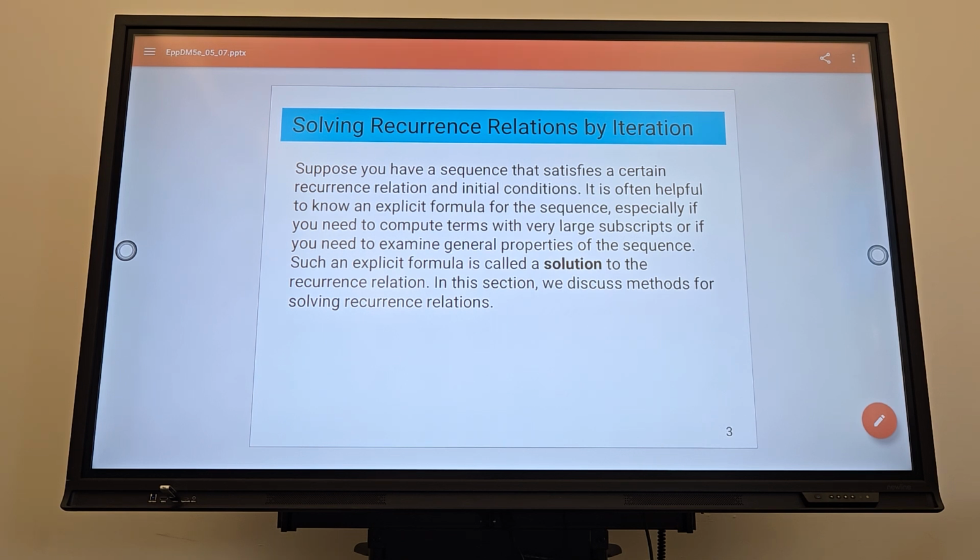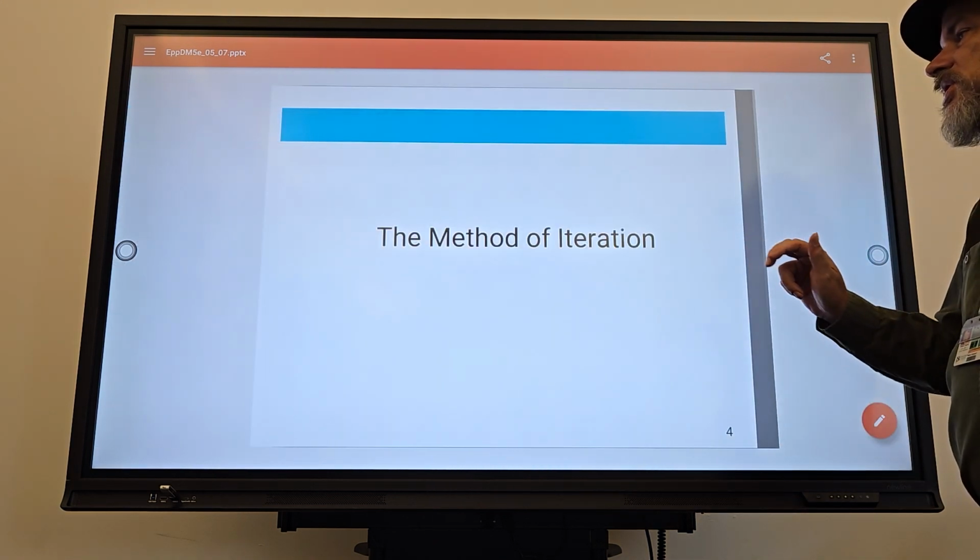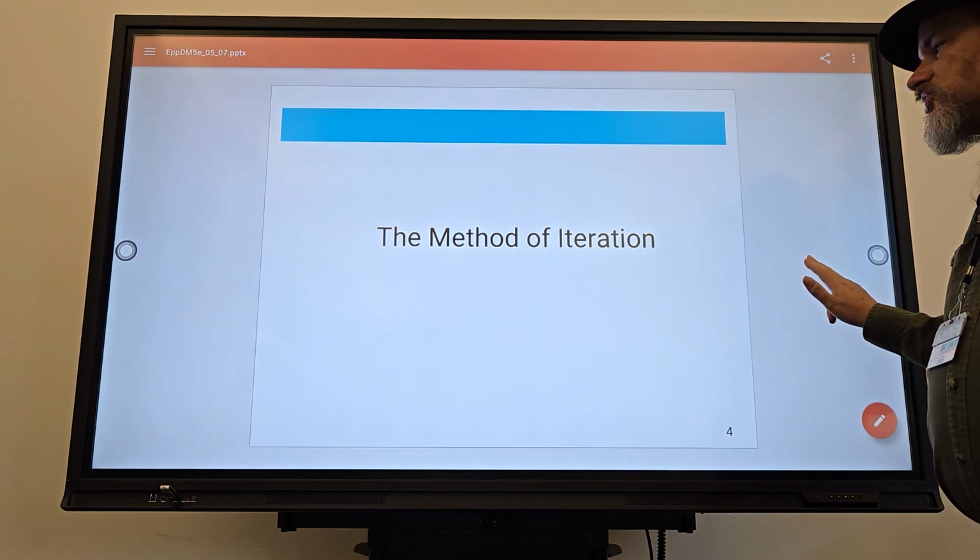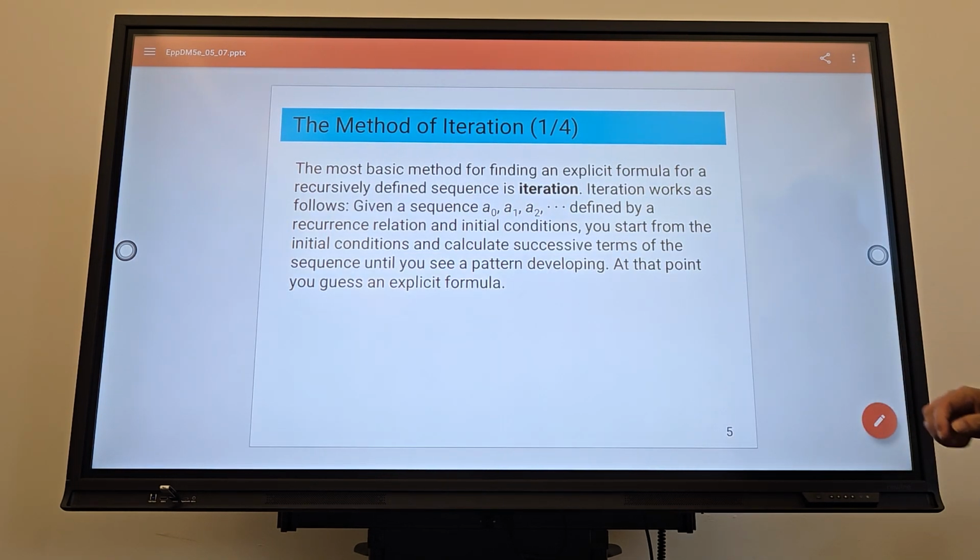Such an explicit formula is called a solution to the recurrence relation. In this section, we discuss methods for solving recurrence relations. The method of iteration.